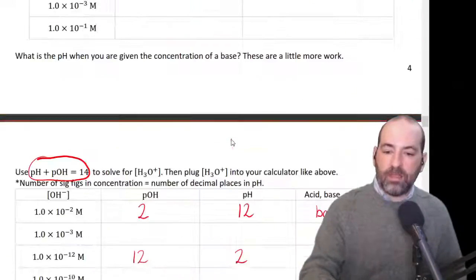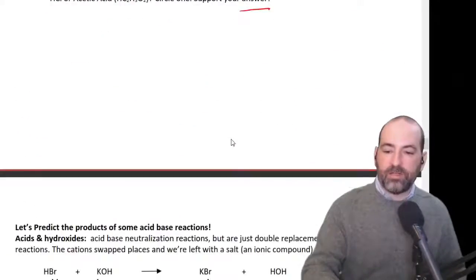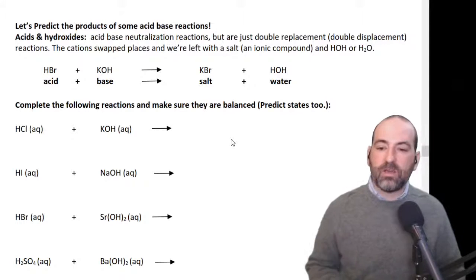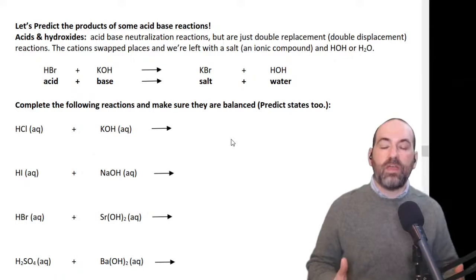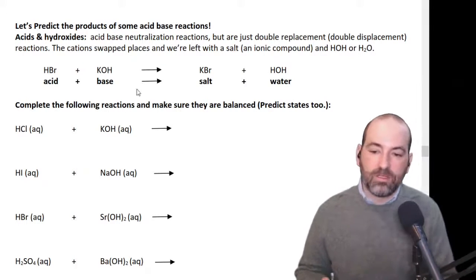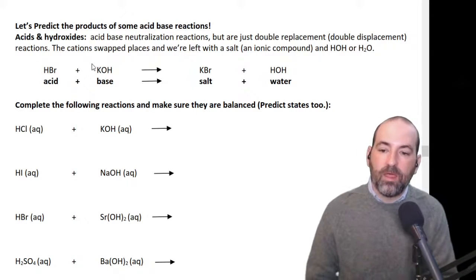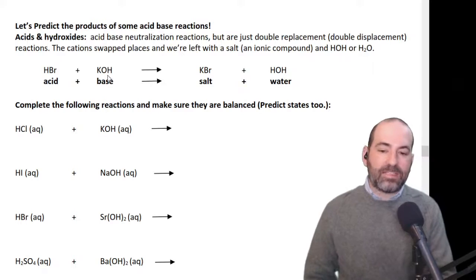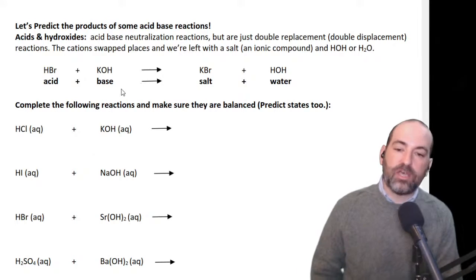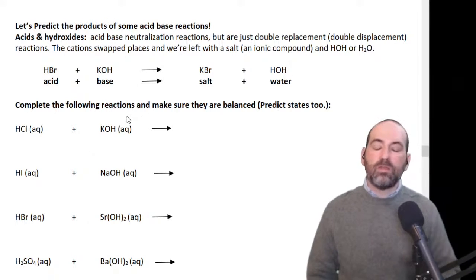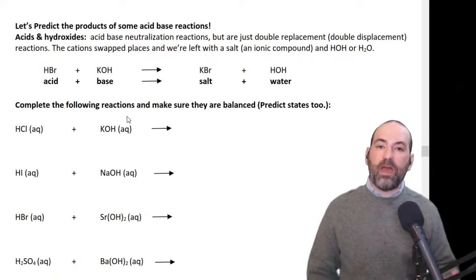But in reality, you can't just get a bottle of hydroxide ions. Hydroxide is always going to come with some sort of counter ion. So in this example, you've got HBr, hydrobromic acid, and then we've got the base as potassium hydroxide, not just hydroxide.